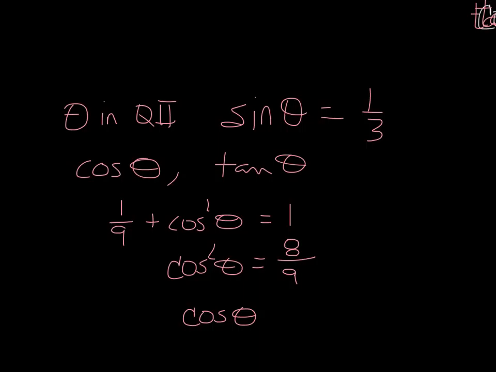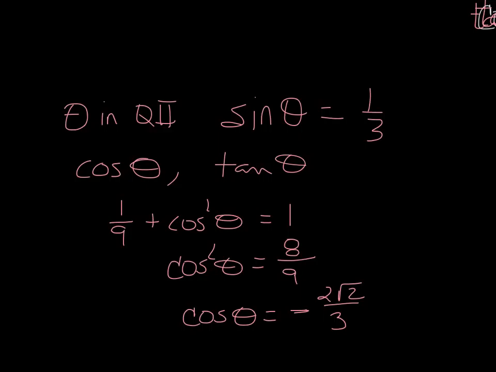But in this case, is the cosine going to be positive or negative? Negative. Why? Because it's quadrant 2. So negative square root of 8 over 3, and the square root of 8 is 2 square roots of 2. Always reduce it if you can.